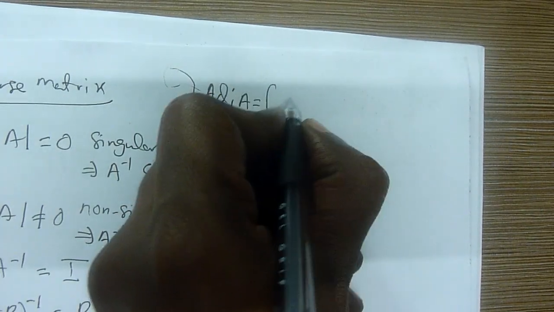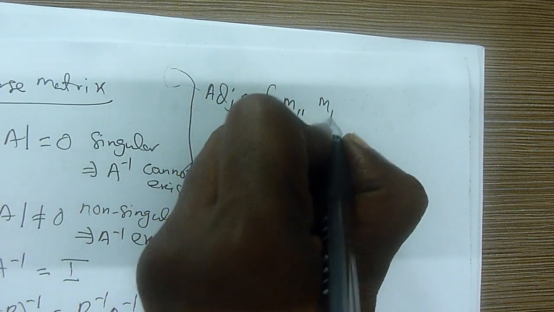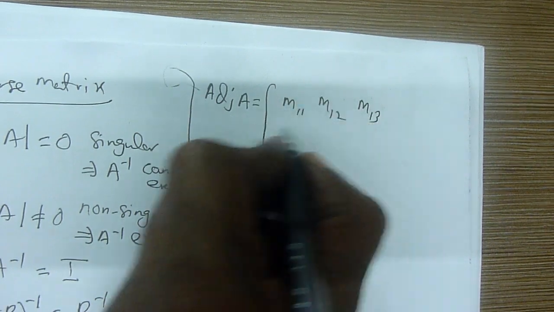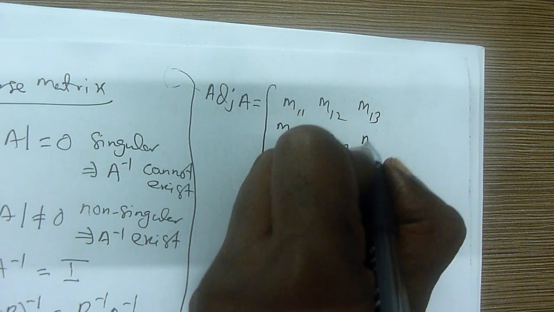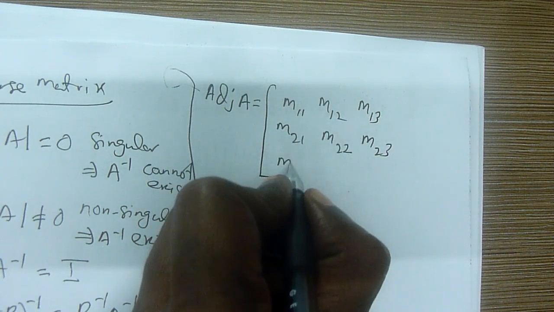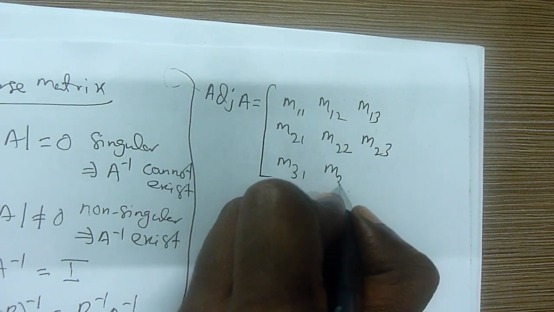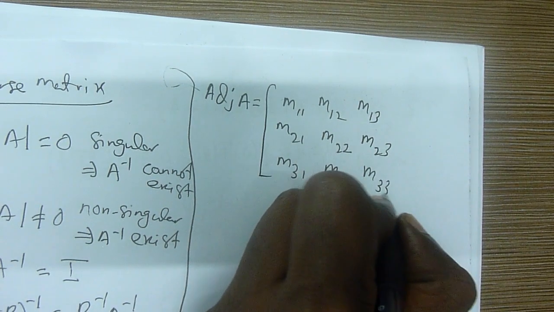You just place M11, M12, M13, M21, M22, M23, M31, M32, M33.